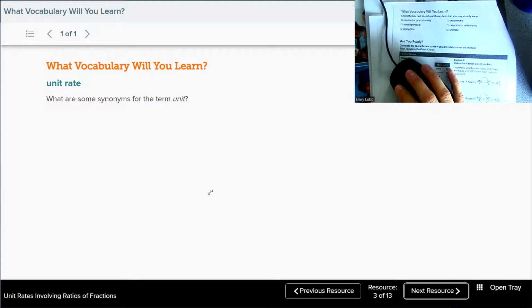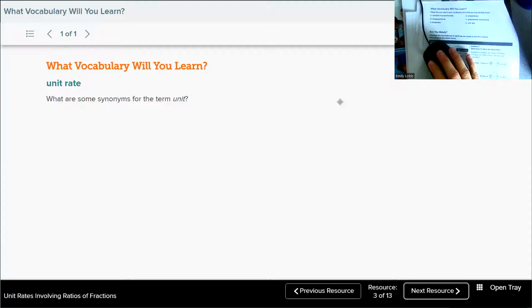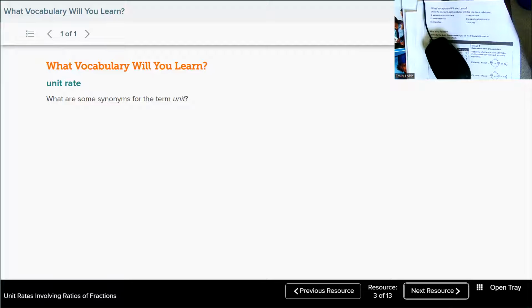All right, so what are some synonyms for the term unit? Synonyms means the same. What are some things that we could say in place of unit? Guys, remember playing with unit cubes when you were little? No? Yes? Like base 10?